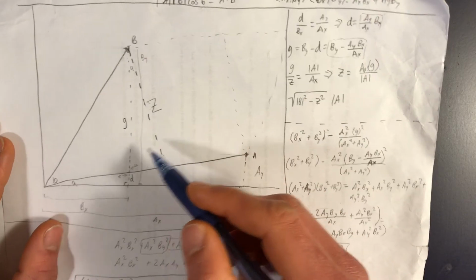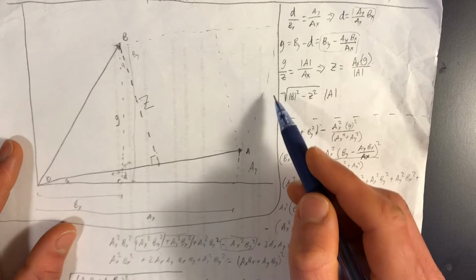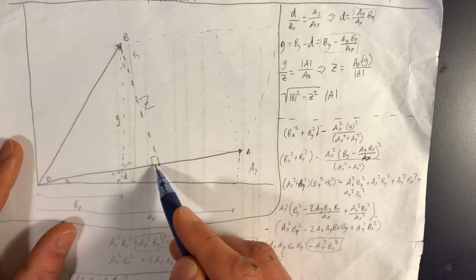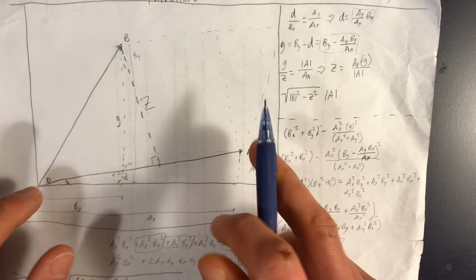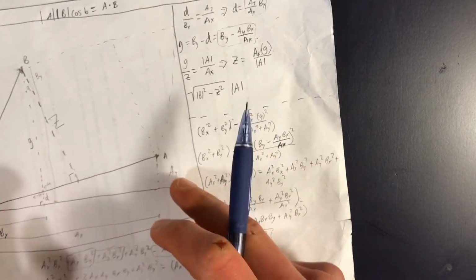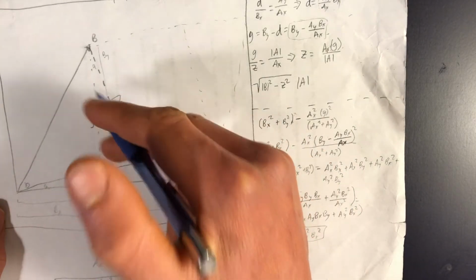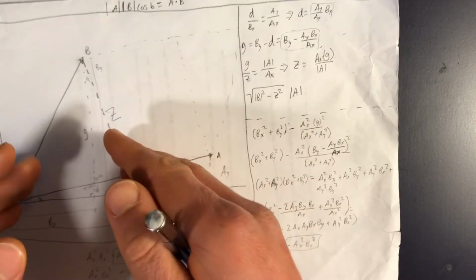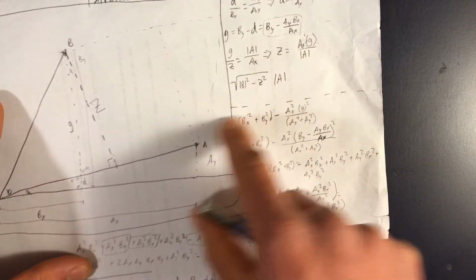If you put this triangle, move it over here, then this right here, you'd subtract it from the original length, but then you're adding it over here, so it's the same, which is going to be the absolute value of A times Z, which is the height. That's equal to the area of the parallelogram, because it's going to be the area of the rectangle you make when you put this over here, fit into place. Nice right angles all around.